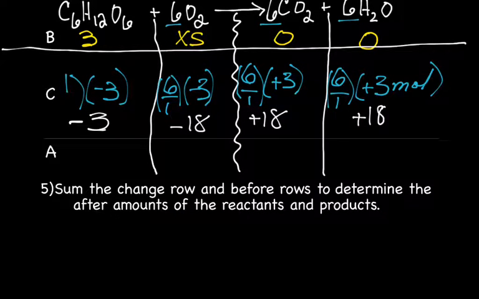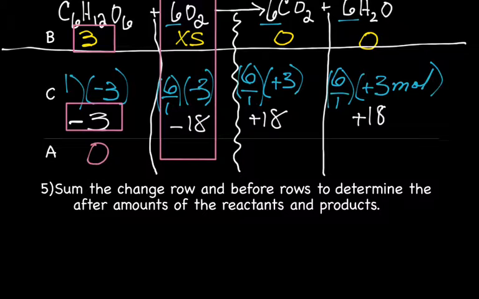And now the last step is to sum the change row and the before row to determine the after amounts of each of the reactants and products. So we're going to take 3 minus 3, which means we have no glucose left. For this next row, we can't really do the summing because we have absolutely no idea how much we started with, so we're going to ignore this box.